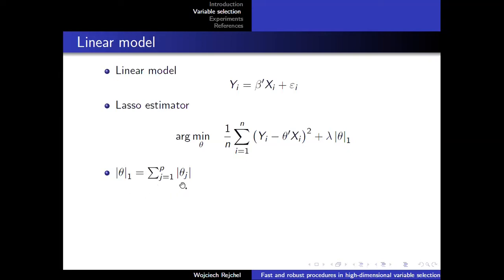I think you are quite familiar with the Lasso estimator. During our seminars, it was mentioned several times. So I'm not going to present any properties of this standard estimator.